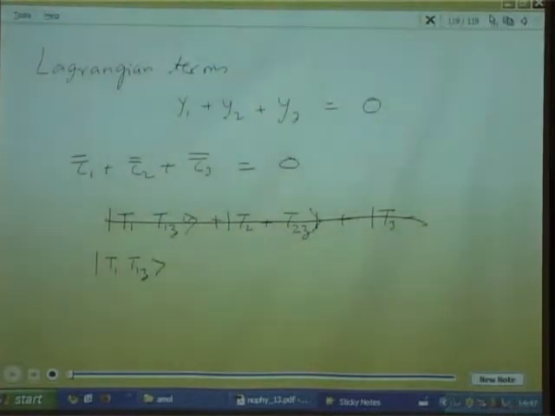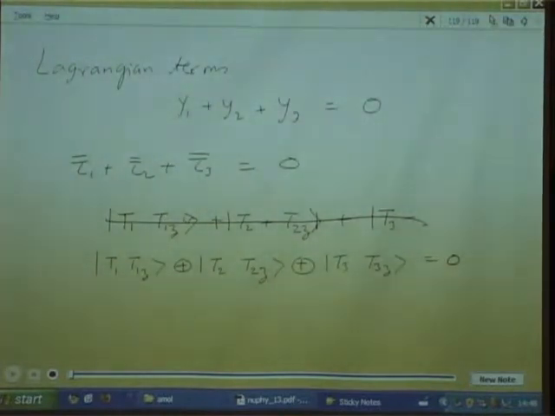This is the isospin and this is the Z component of isospin. These two sets of particles, and then we have got T3 and T3Z. This should be equal.